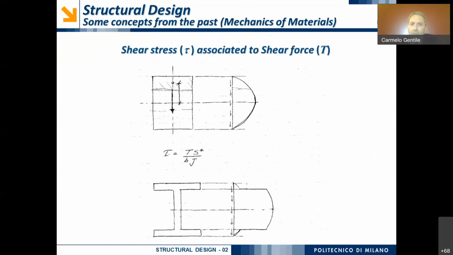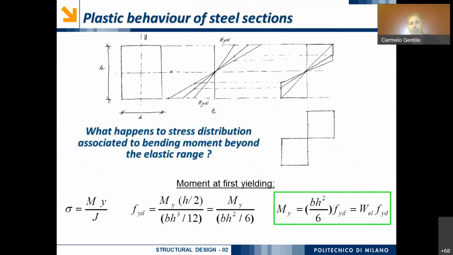So we have introduced in the elastic range normal stress associated to bending moment, normal stresses associated to axial force, shear stress, and we were discussing about what happens to a cross section under bending moment beyond the elastic range.